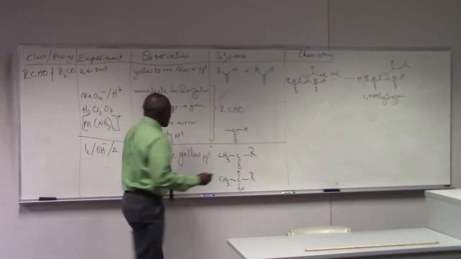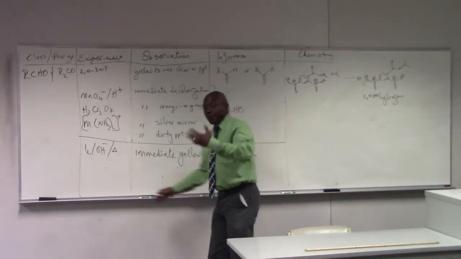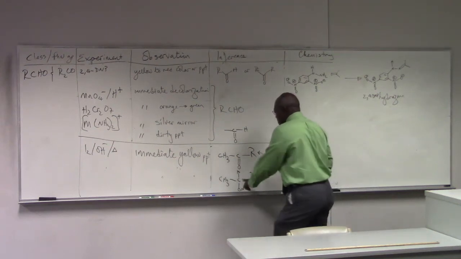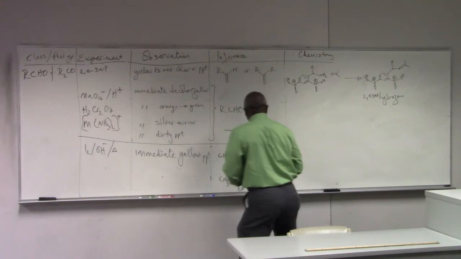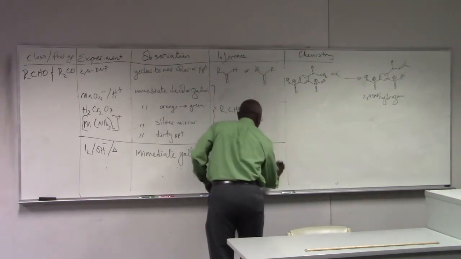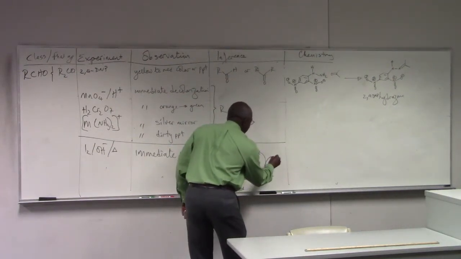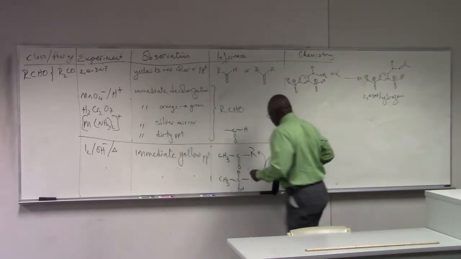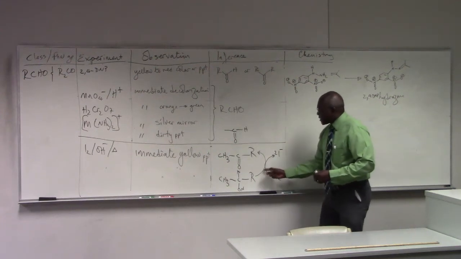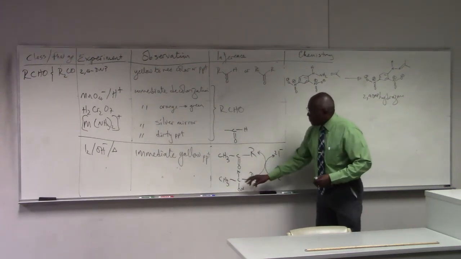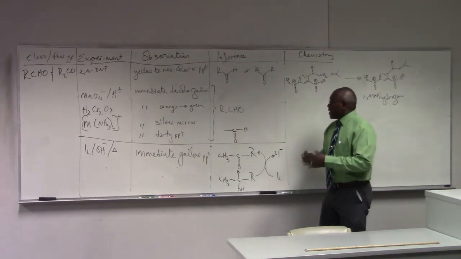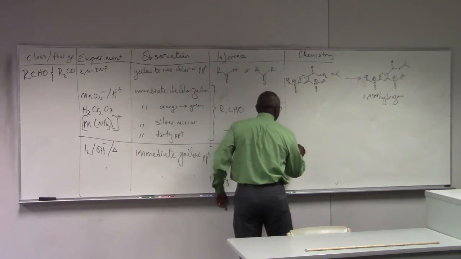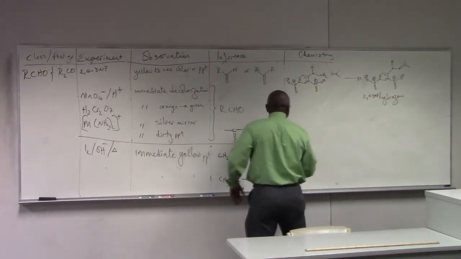So how does this go? Well, it turns out that iodine is an oxidizing agent. So iodine will oxidize the methyl carbinol into the methyl carbonyl, and in the process, the iodine gets reduced into iodide ions. So the iodine gets reduced to iodide, and the process oxidizes the methyl carbinol to the methyl carbonyl. The methyl carbonyl is the active species. And the chemistry here, if you remember, this is the iodoform reaction.